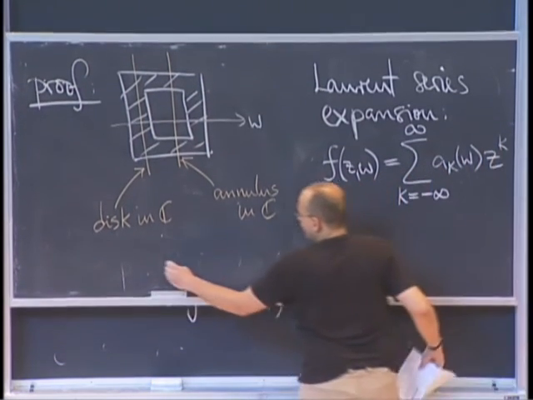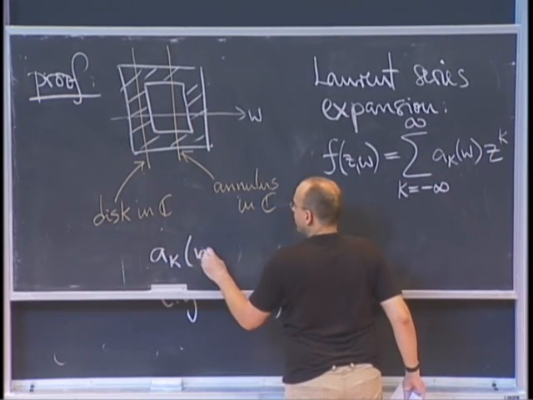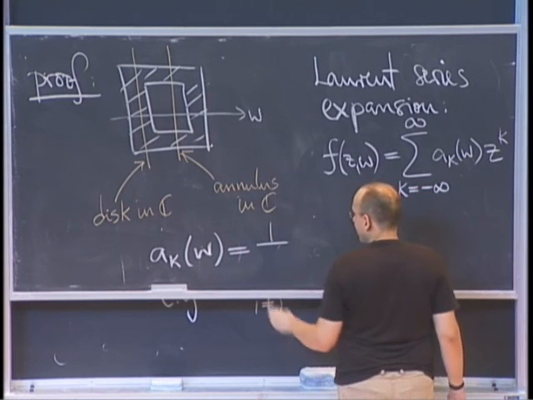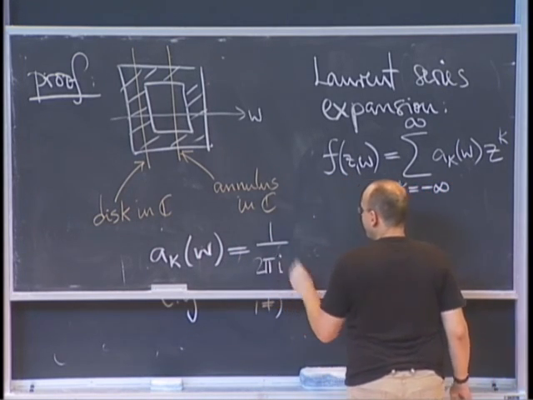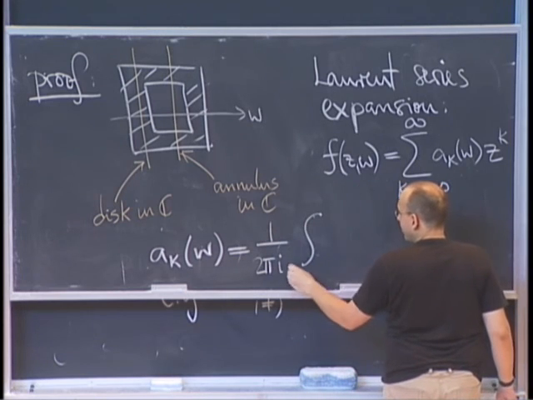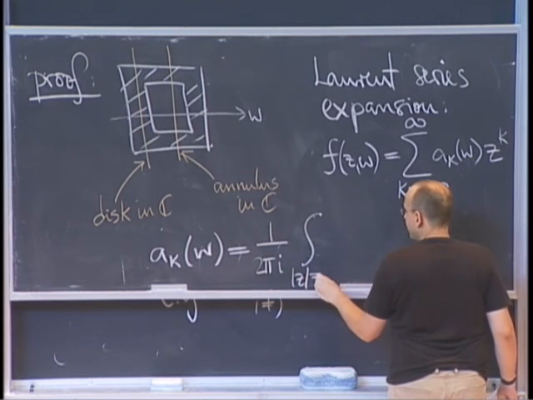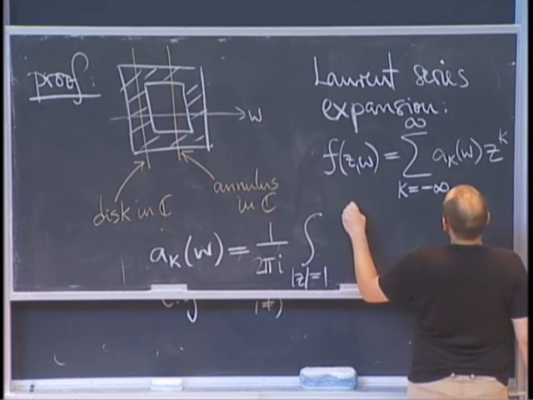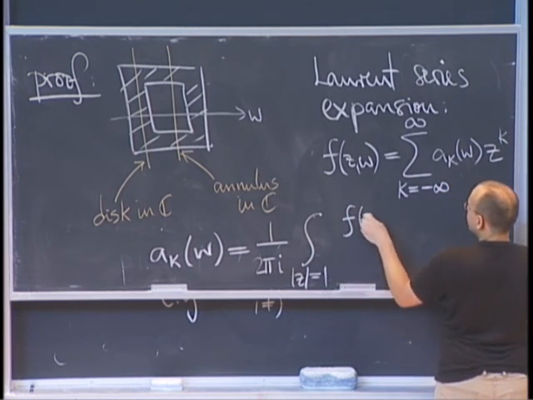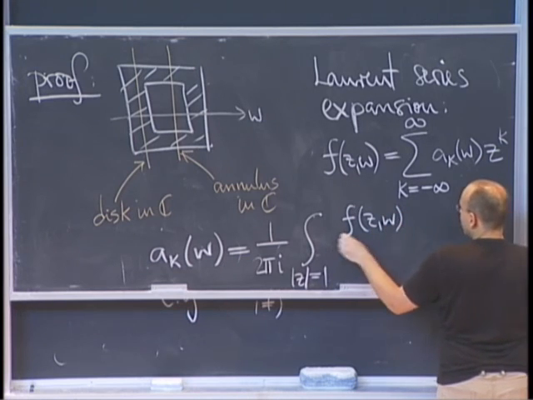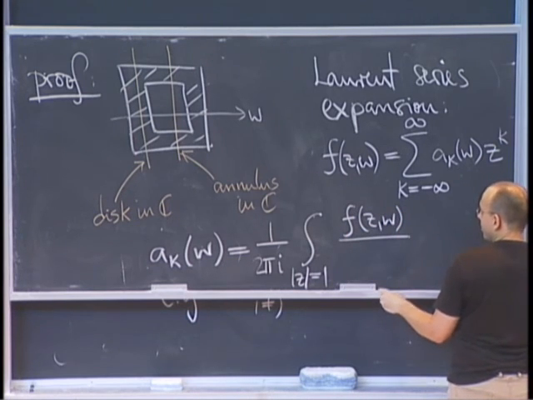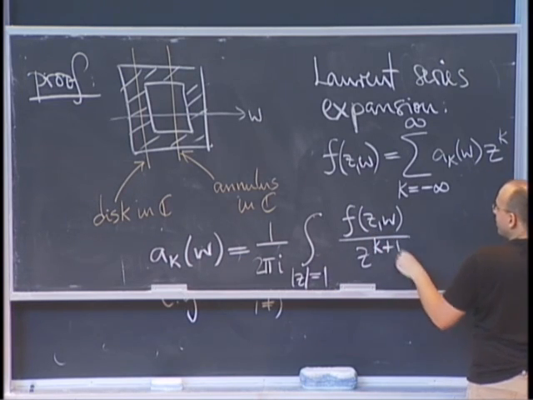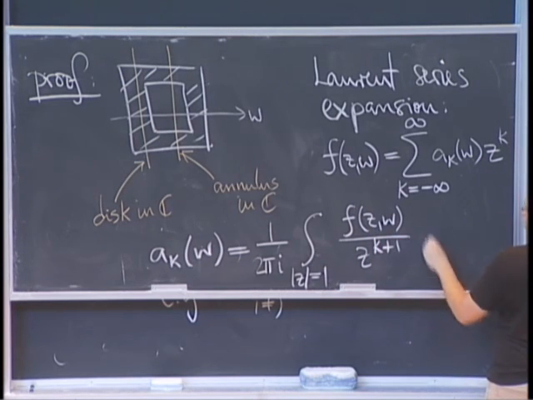So that a_k of W is actually equal to 1 over 2 pi i, integral over |Z| equal to 1, if you want, of f of Z, W divided by Z to the k plus 1 dZ.